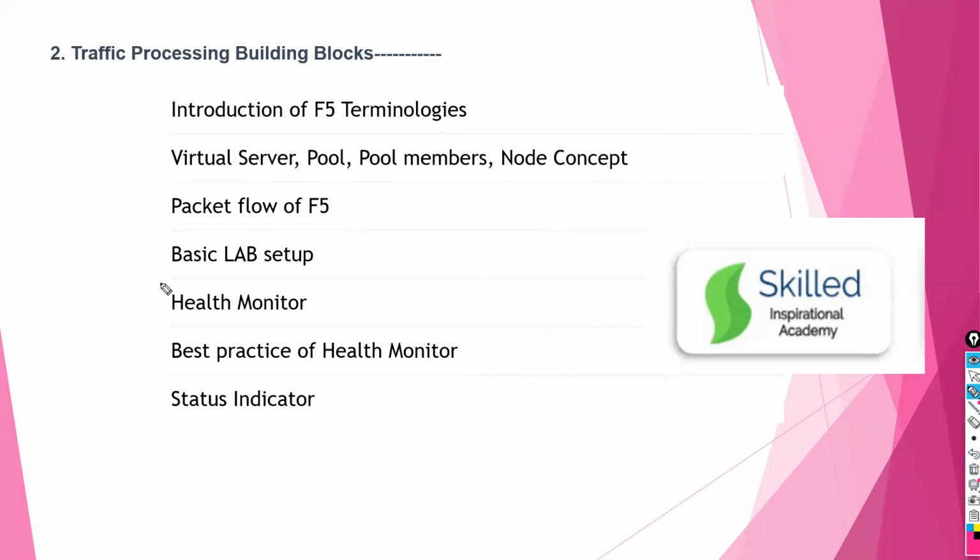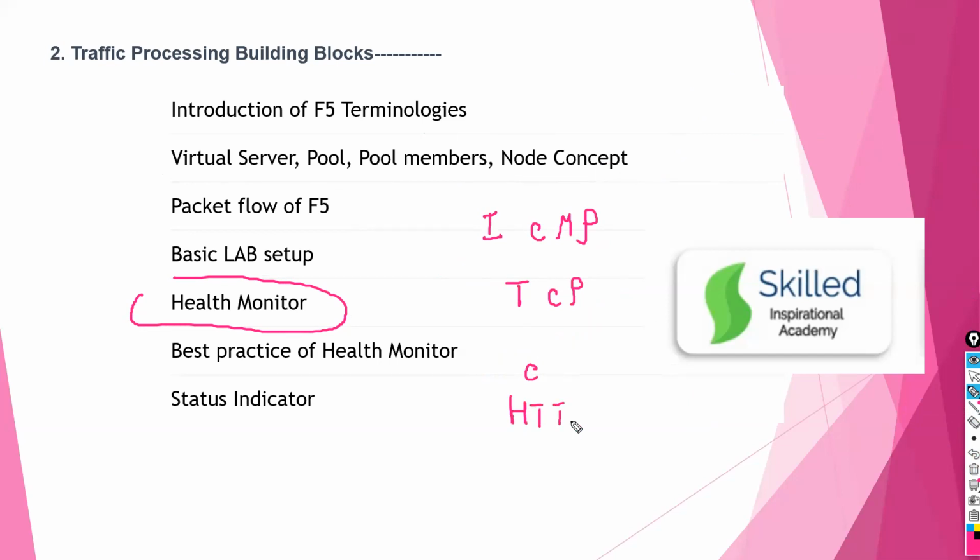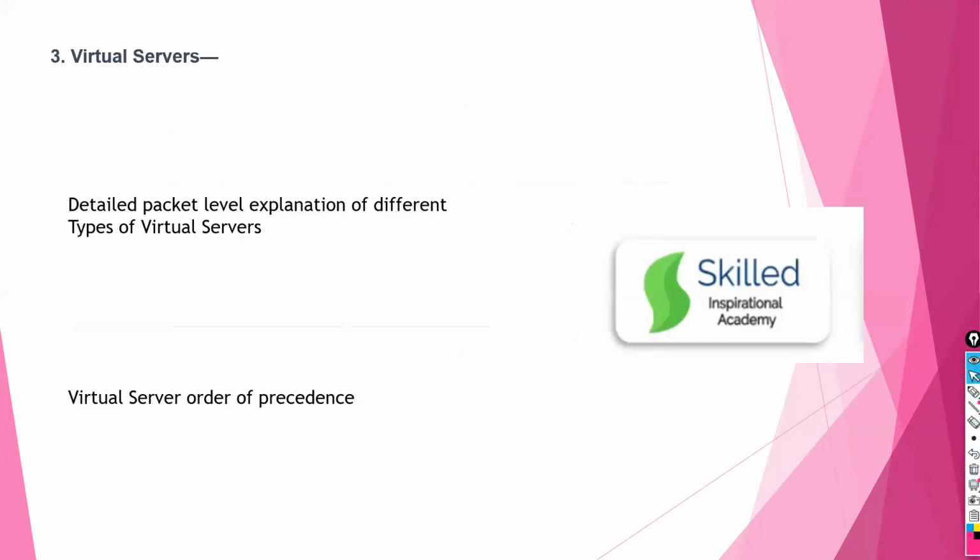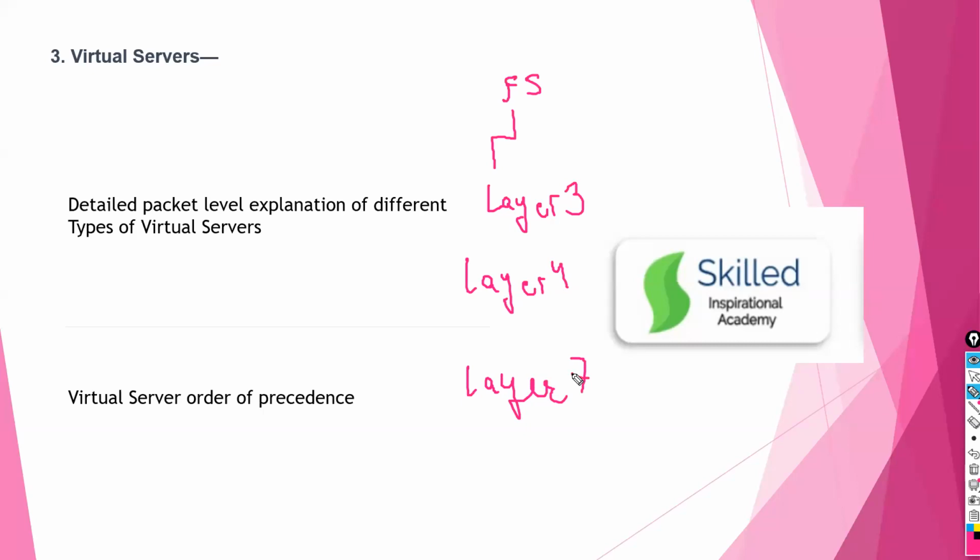Then the most important topic which comes into the picture is health monitor. There are multiple types of health monitor: ICMP, TCP, HTTP-based health monitor, FTP-based health monitor. So what is the difference? Then, guys, you can deploy F5 in multiple modes. You can deploy F5 as layer 3, as layer 4, or as layer 7. So everything will be covered in detail.